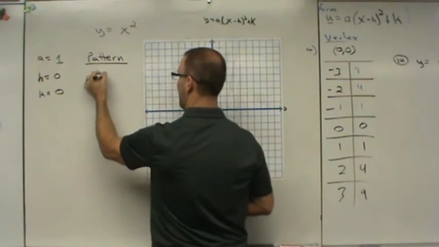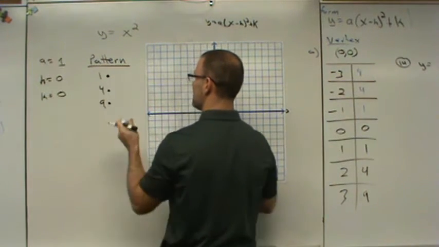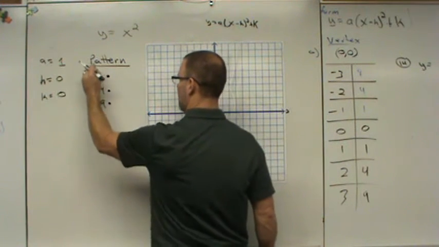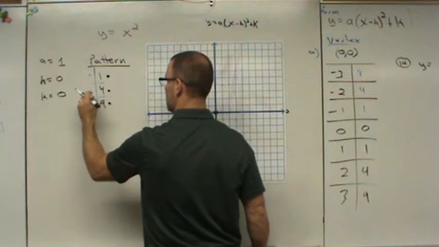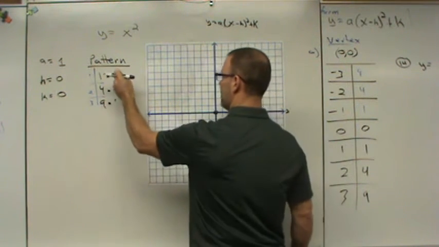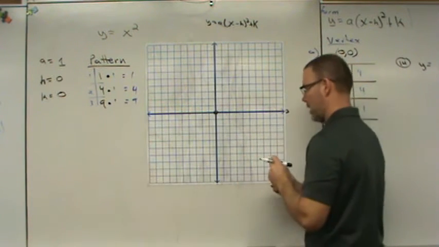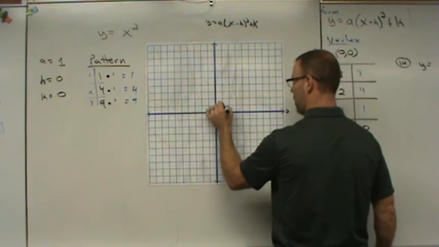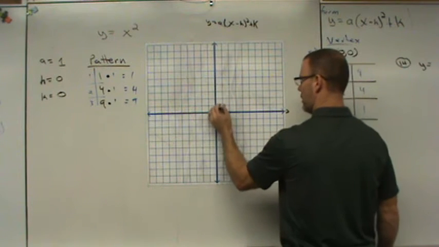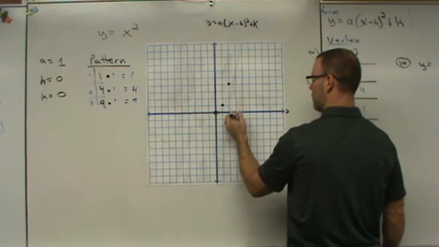I take this normal output pattern and multiply it by my multiplier, my a value. Well, it doesn't change anything. So my normal pattern is 1, 4, 9. So take your pencil, write over 1 up 1, over 2 up 4, over 3 up 9.